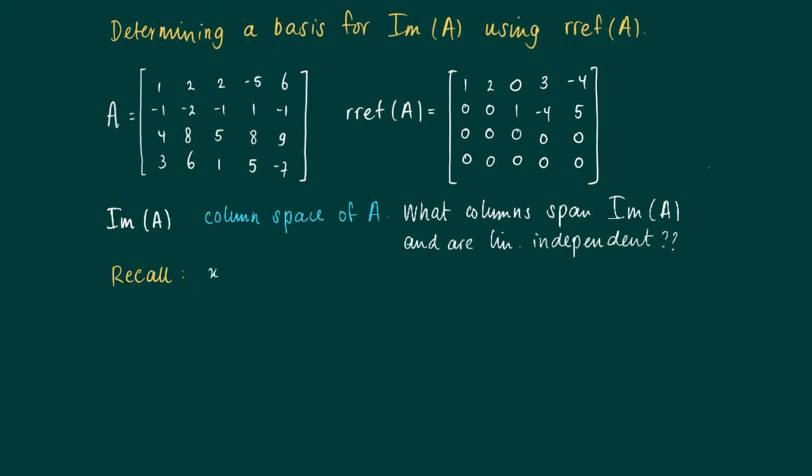Well, recall that if we look at the kernel of a matrix A, then the kernel of A is the same as the kernel of the reduced row echelon form of A. And this means in particular that the linear relations between the columns of A and the columns of the reduced row echelon form of A are the same.